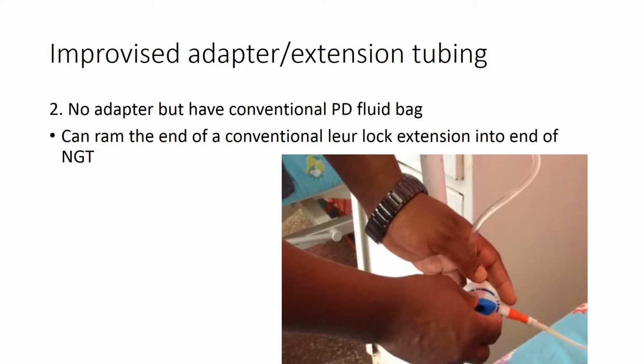If you do it directly on the nasogastric tube, the tubing is quite short, and the risk is that when the patient moves, because the nasogastric tube is secured by that purse string, the tube will just be yanked out of the abdomen. So we have to take extra measures to tape down the tubing so that it doesn't come out by accident.